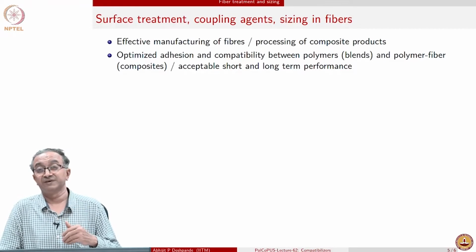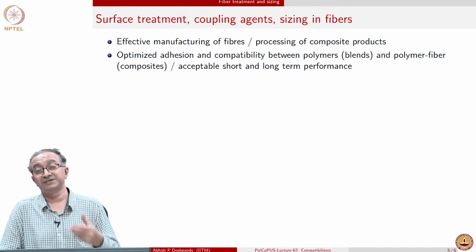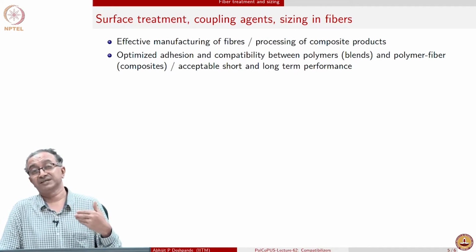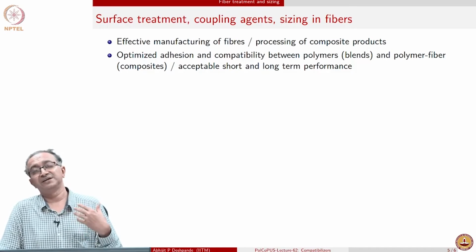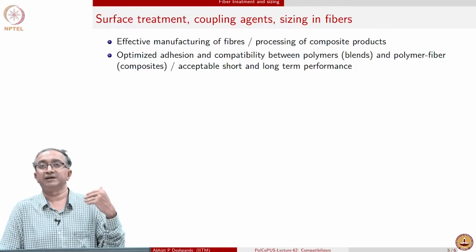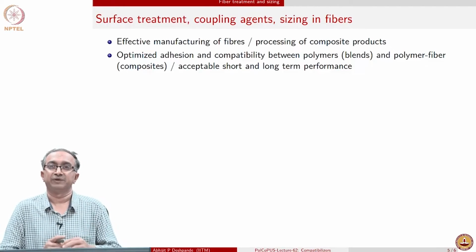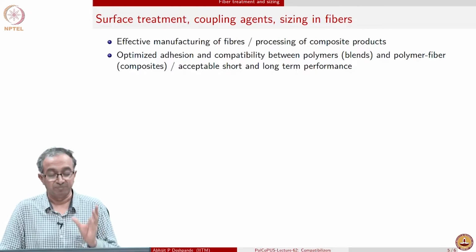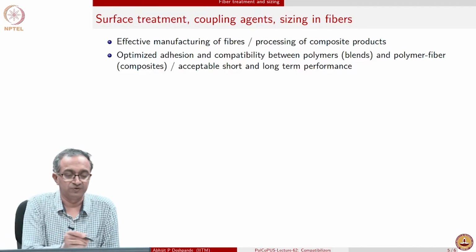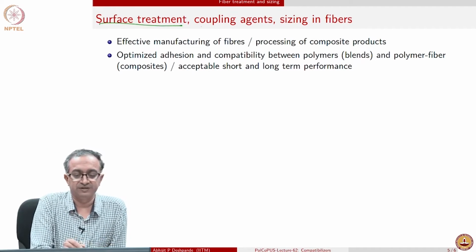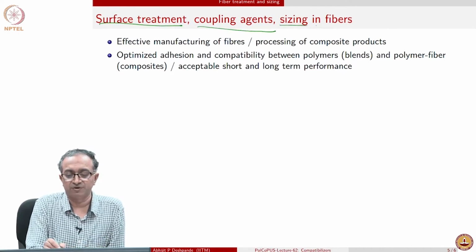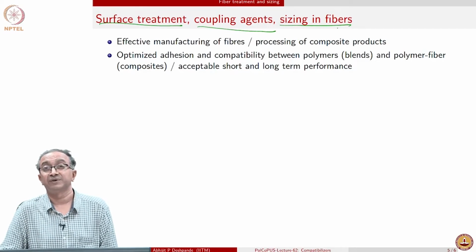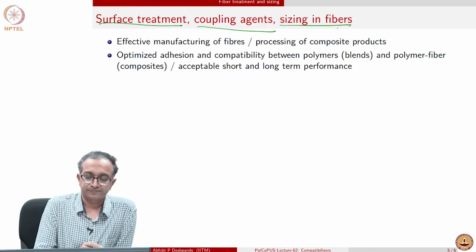Given that we are incorporating fiber, and as we also discussed, the fiber size has to be smaller so that defects are minimized, but at the same time handleability of fibers is also an issue. So, generally a few microns is what is used, but along with the fibers what we do is surface treatment. We can add coupling agents, or what is called sizing can be applied on the fibers.